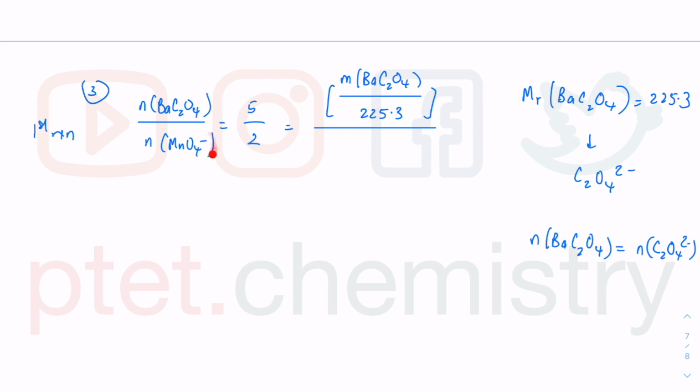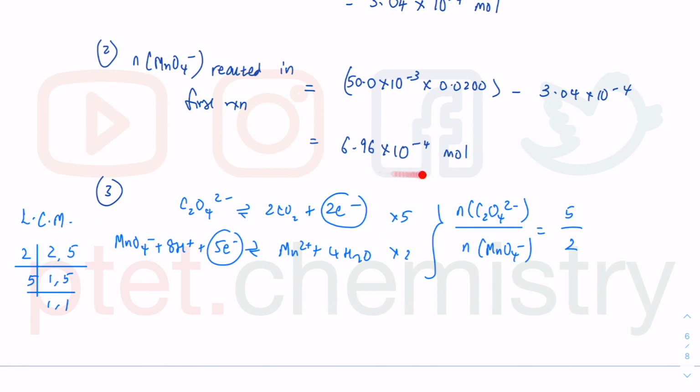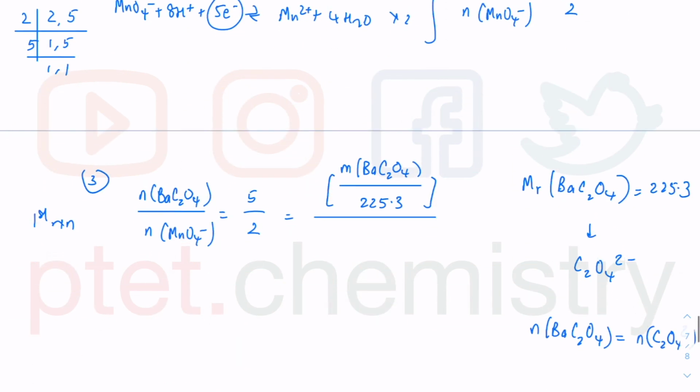At the bottom is how much MnO4- reacted in the first reaction, which was what I did in my difference there: total KMnO4 put in minus the KMnO4 left at the end of the reaction, which you find by titration with iron 2+. That is 6.96 times 10 to the power minus 4 mole. So you can rearrange your equation before you press your calculator.